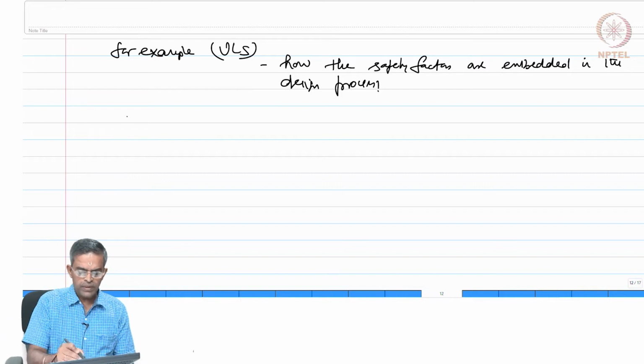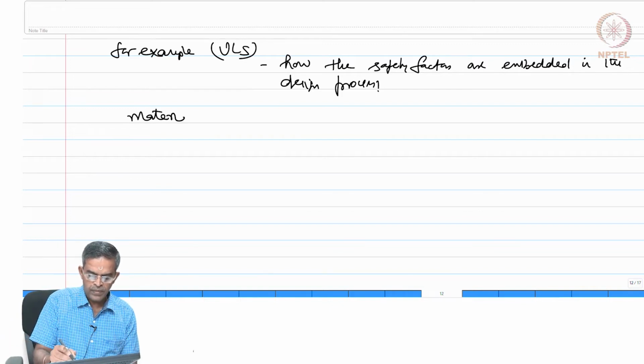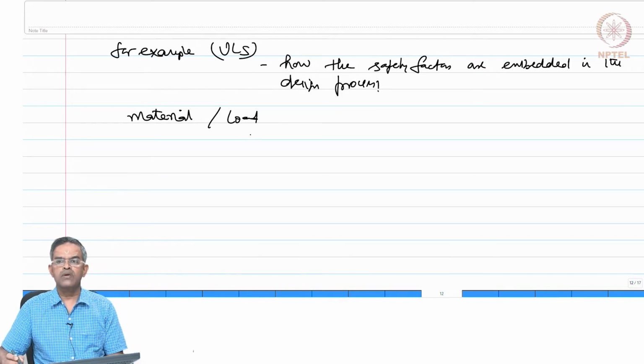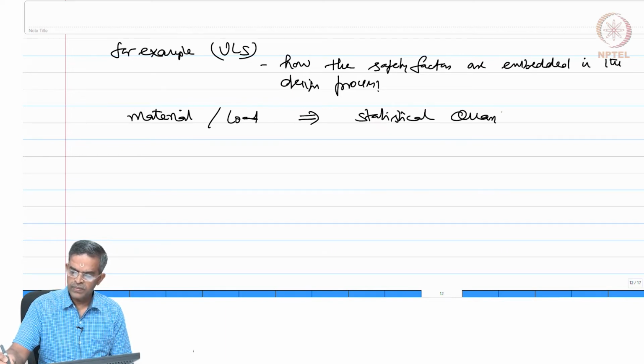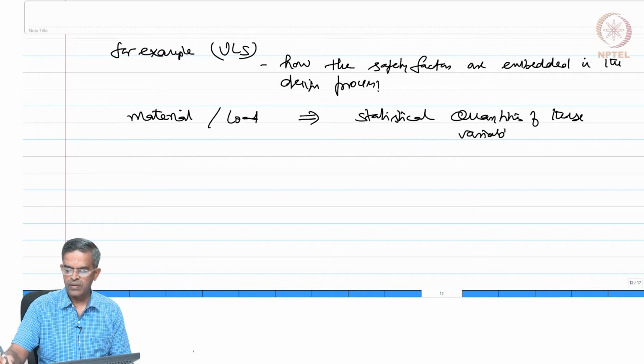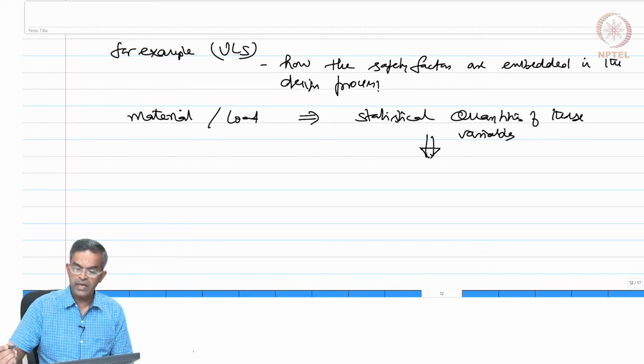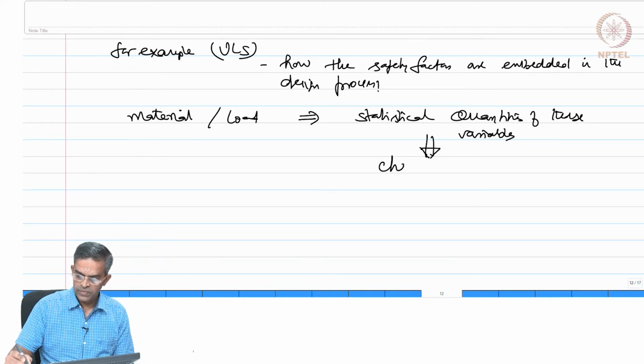When we talk about material as well as load, we do not talk about a single quantity. As I said, we always deal with statistical quantities of these variables. Codes intelligently state them as characteristic values.